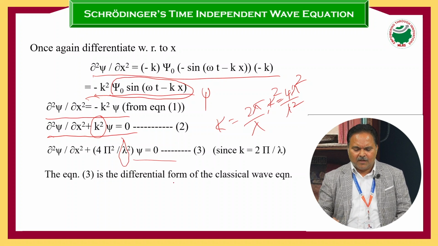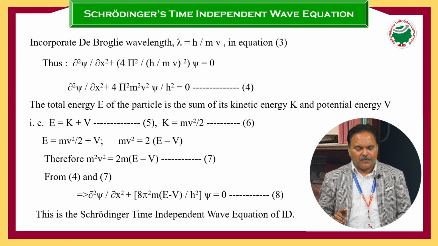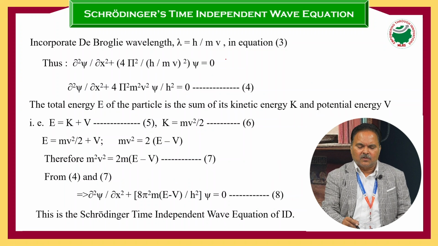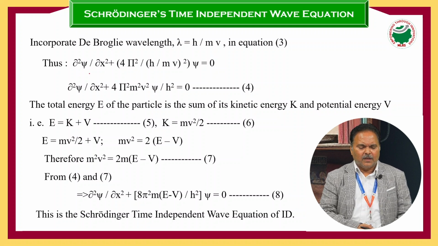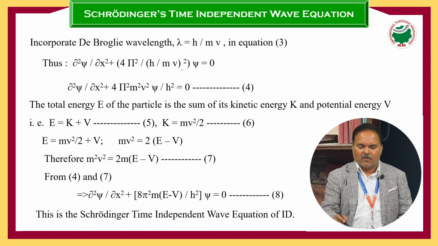But if you substitute the lambda value, we know the de Broglie wavelength lambda is equal to h by mv. Substituting here, dou square psi by dou x square plus 4 pi square into (h by mv) whole square, that is m square v square, because it's a lambda square value.